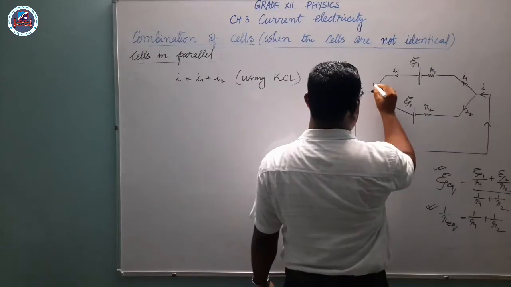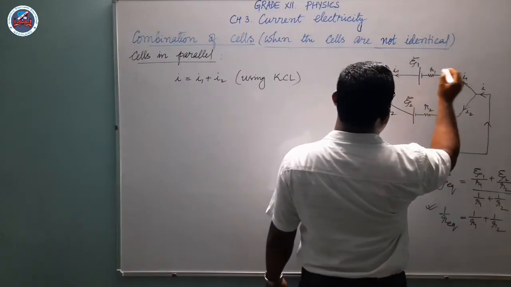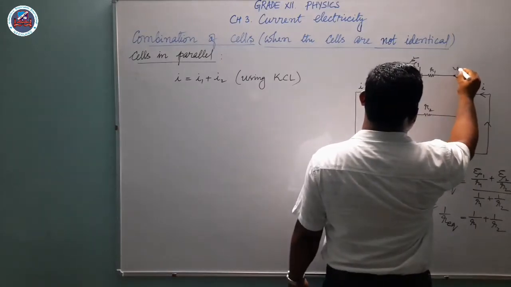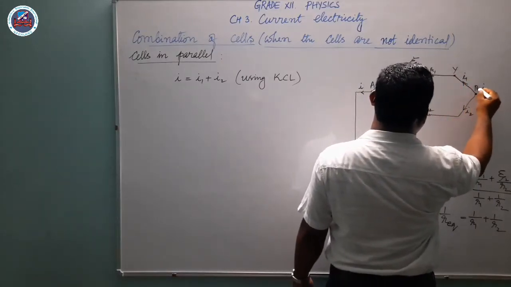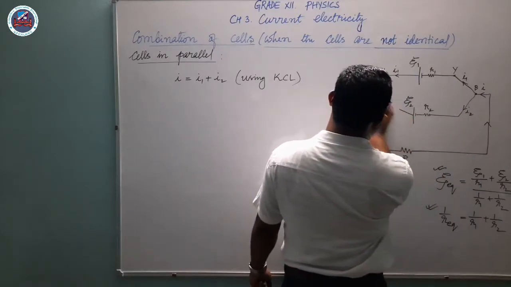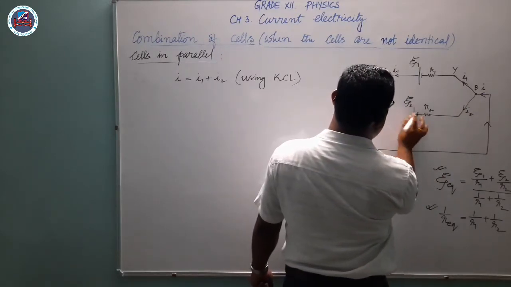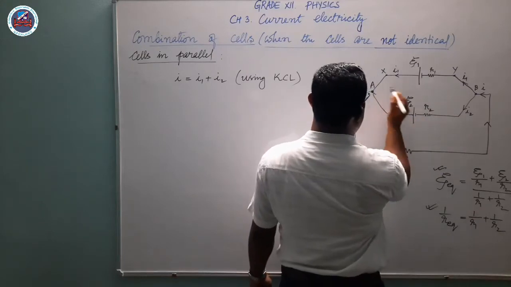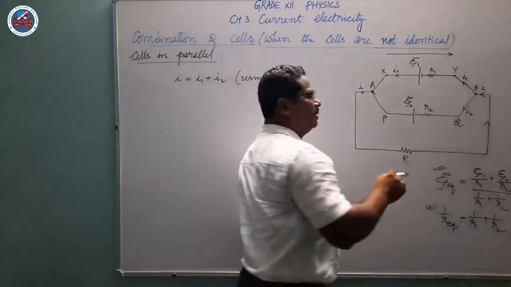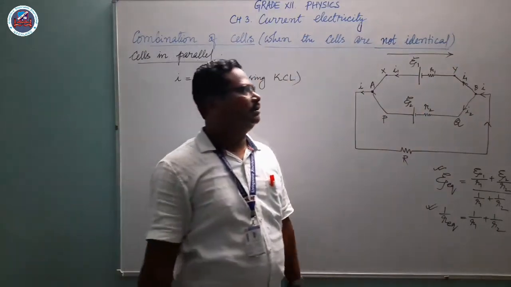This one let us mark as A, let this point be X, this point be Y, and let this point be P. And on the downside let us take it like this. Generally we choose the path from left to right.